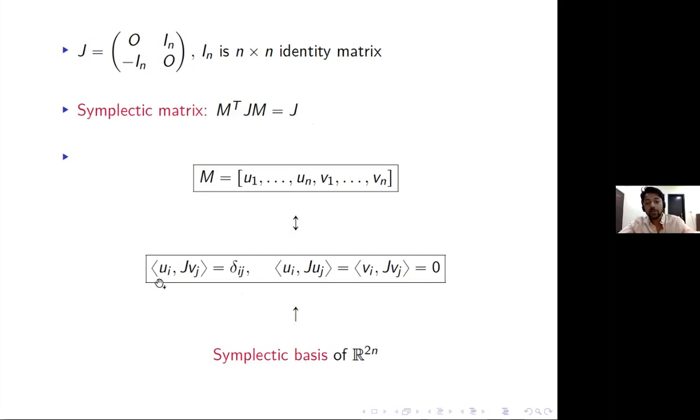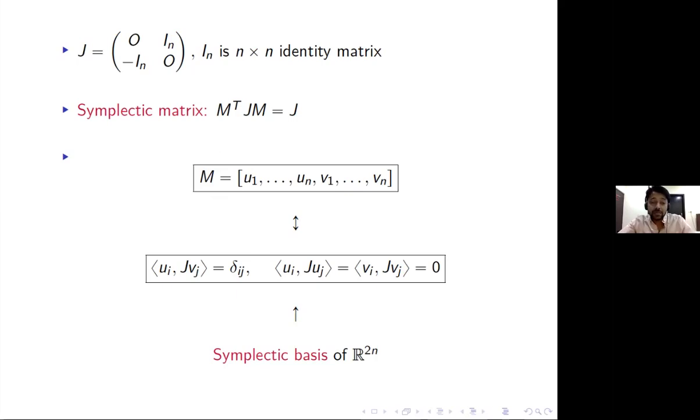So inner product of Ui with JVj is equal to Kronecker delta ij, and inner product of Ui with JUj is equal to inner product of Vi with JVj equal to 0 for all i, j. And conversely, if you take any 2n vectors given by U's and V's satisfying these, and form a matrix M with those vectors as columns, then again, that matrix is a symplectic matrix.